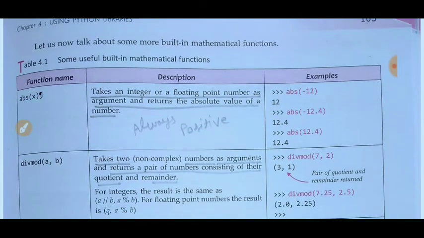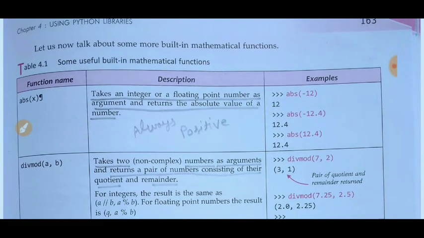Now next, some more built-in mathematical function. So first function is given, function name is abs. Abs represents absolute, and it will take one argument. So here you have to pass any integer value or floating point value, means integer number or floating point number as argument, and it returns the absolute value of the number, and absolute value means always positive.